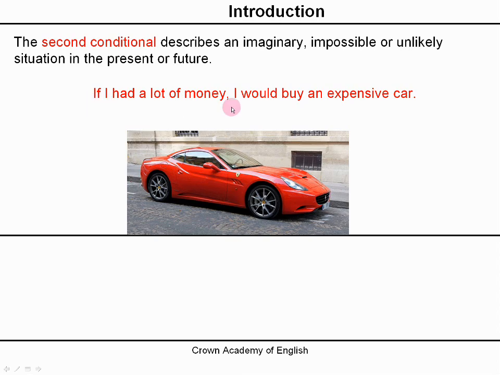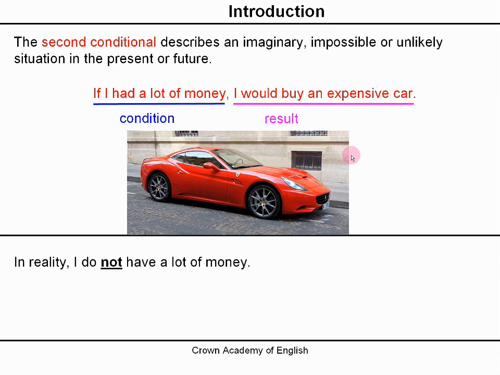This sentence is an example of the second conditional, and it has two parts: the condition and the result. As per the basic structure of conditional sentences, if the condition is true, then the result happens.